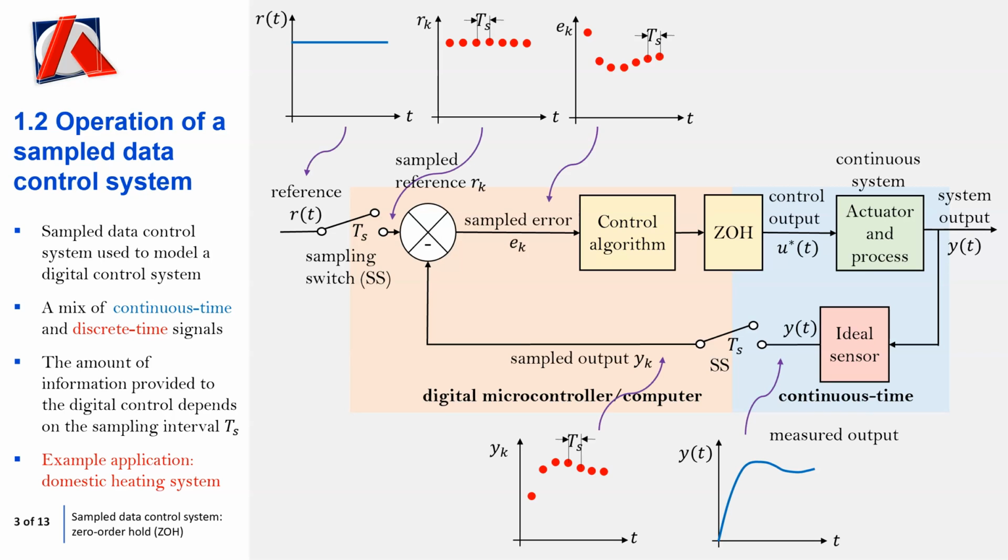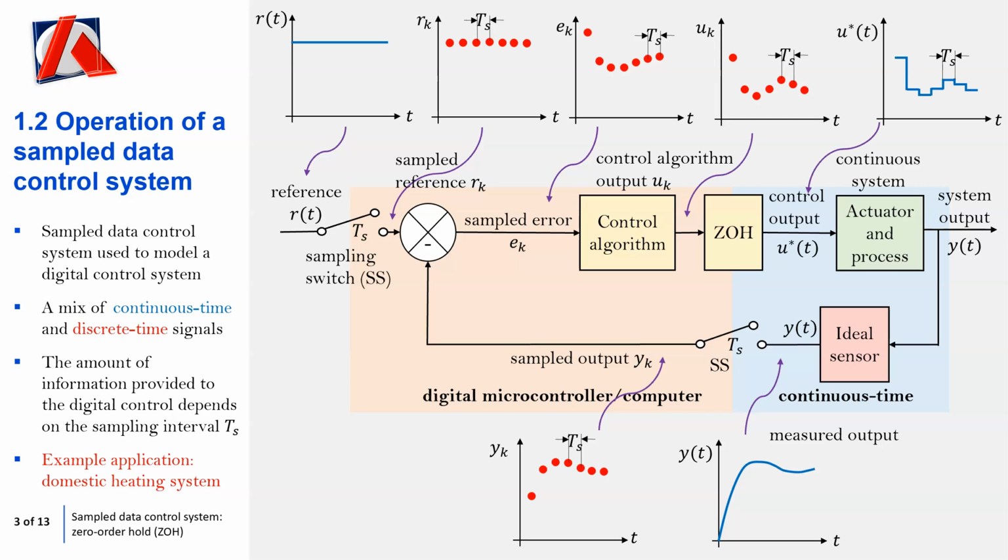When we're looking at practice, we're looking at a mixture of continuous and discrete time signals, where in practice the system is continuous and the controller, which is normally a microcontroller, some form of computer or microprocessor, is digital and it works in discrete events, so hence you have to sample the signals that come in, i.e. sample the signal from the continuous sensor or sample the signal from the reference. Okay, and you form this kind of sampled error here.